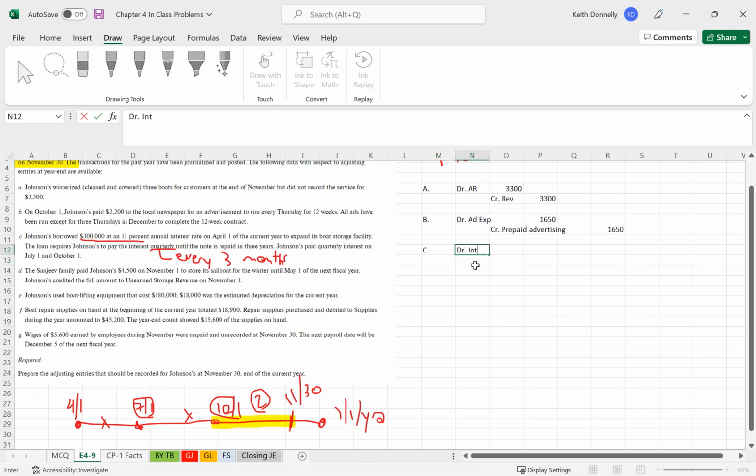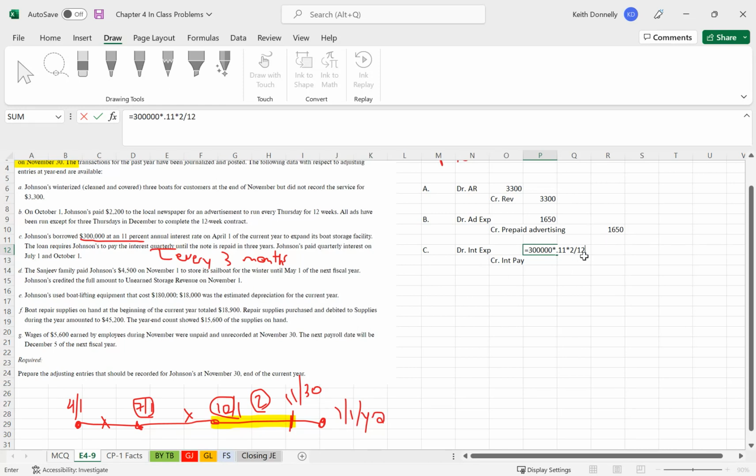So we're going to debit interest expense and credit interest payable, and the amount here is going to be 300,000, what we borrowed, times the 11% interest rate, times the 2 months that have passed.